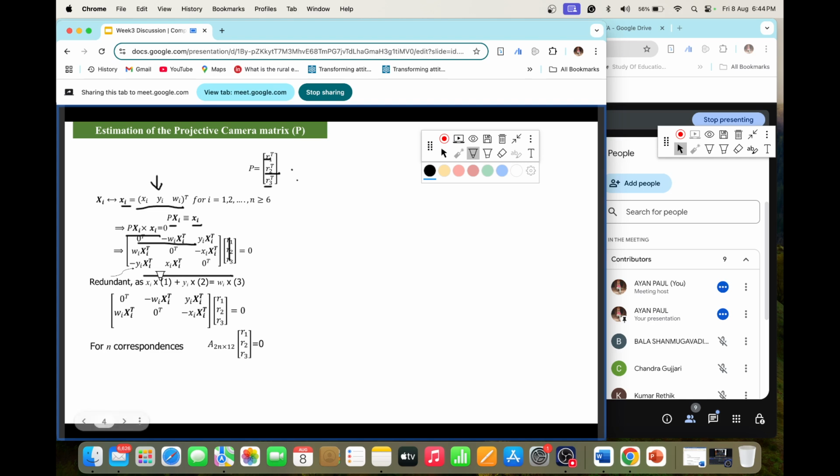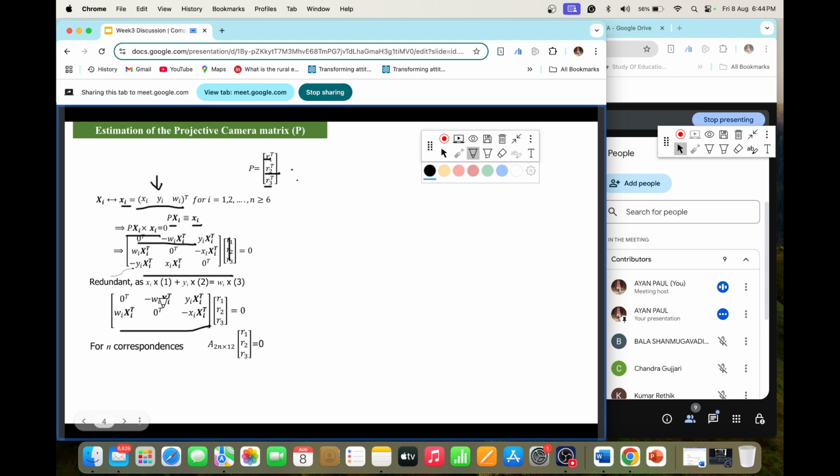But what we understand from this is that the third equation that will be formed is a redundant equation. That means the third equation can be formed from our first equation and second equation. So that is why we are left with only 2 equations.